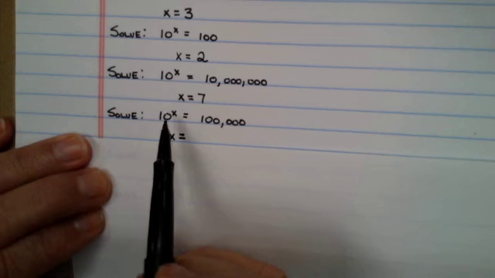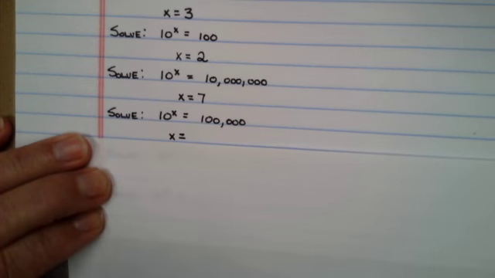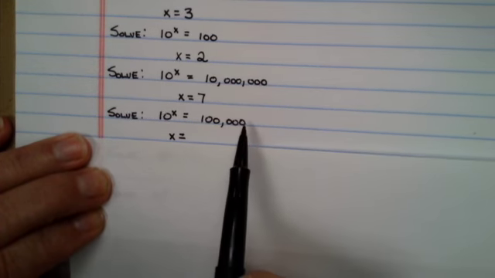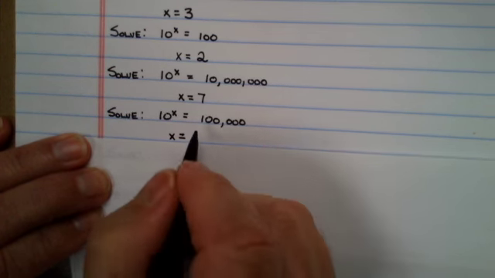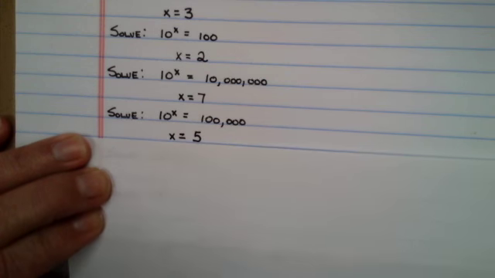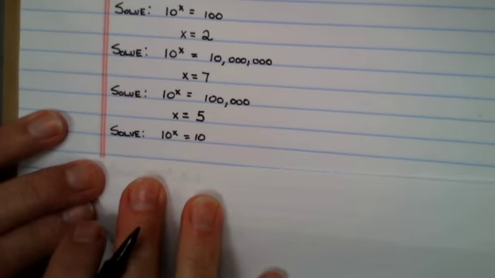X is equal to 10 raised to what power gives you this? The only thing I have to do is count the zeros. 1, 2, 3, 4, 5.